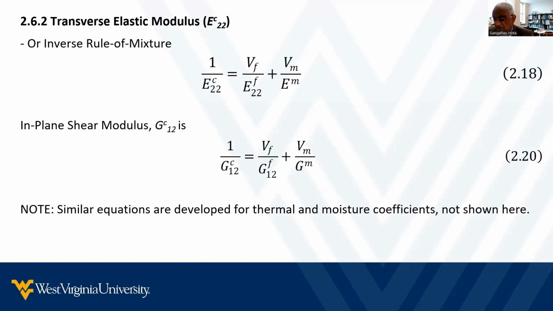Assuming axial stress in the constituents and the composite are identical and uniform, keyword, these are all assumptions, then the total extension is the sum of each constituent part, which is given in equation 2.18.